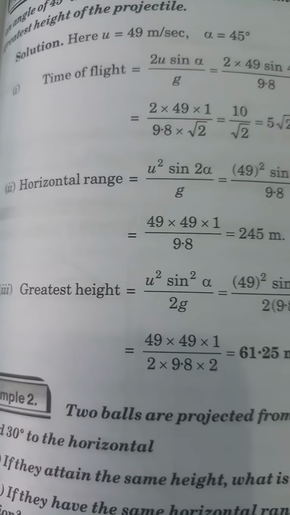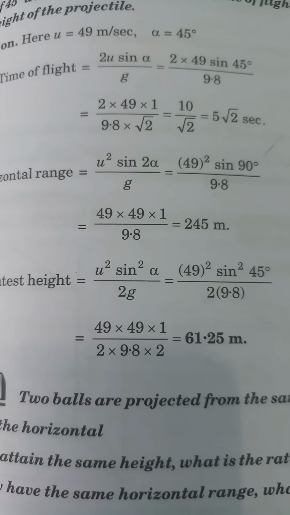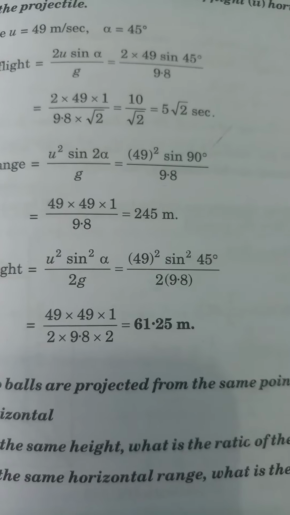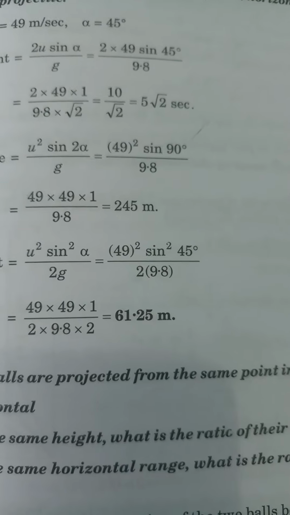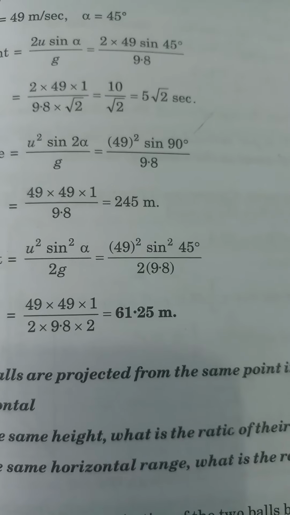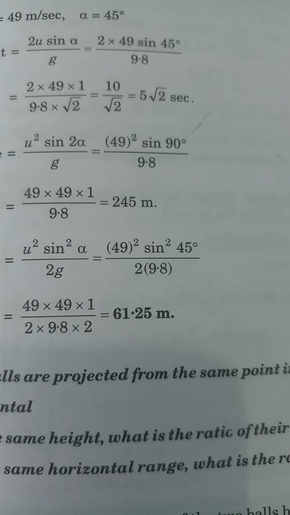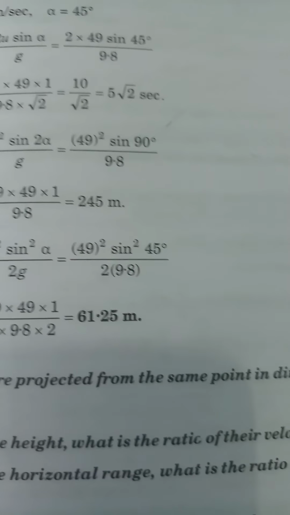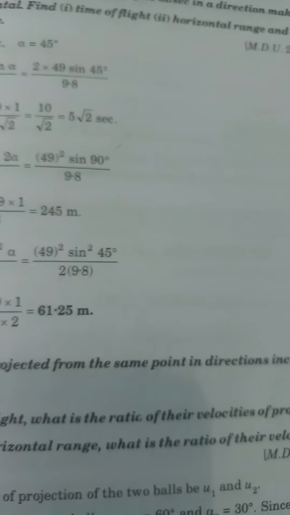Greatest height equal to u square sin square alpha by 2g, equal to 49 whole square sin square 45 degree by 2 into 9.8, equal to 49 into 49 into 1 divided by 2 into 9.8 into 2, equal to 61.25 meter.